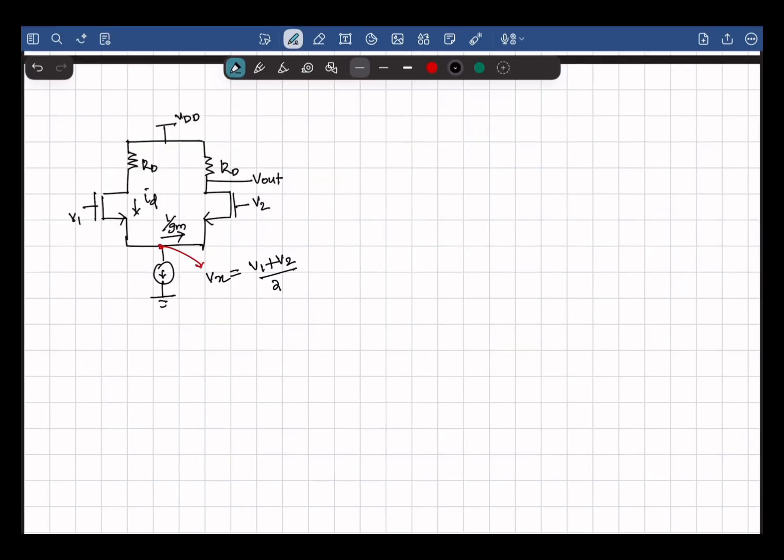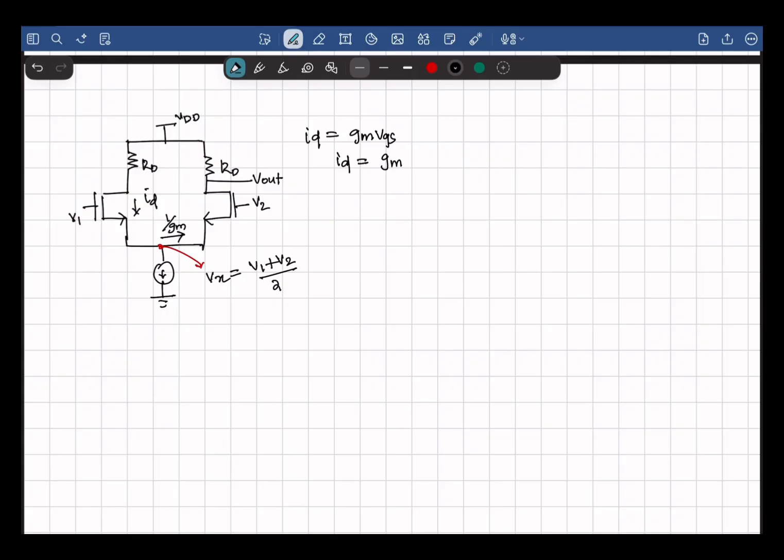Now let's find the small signal current ID. ID is given by GM VGS, and we know that if we take one half of the circuit, the gate voltage is V1 and the source voltage is (V1 plus V2) divided by 2.